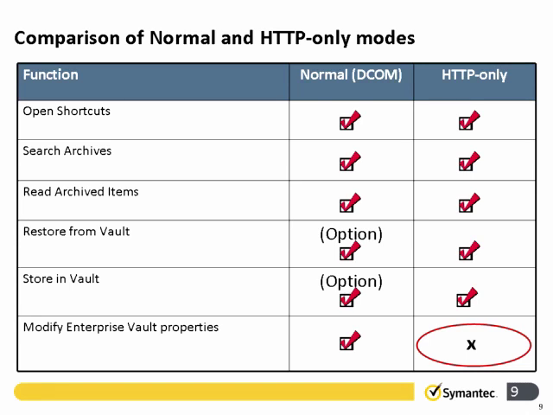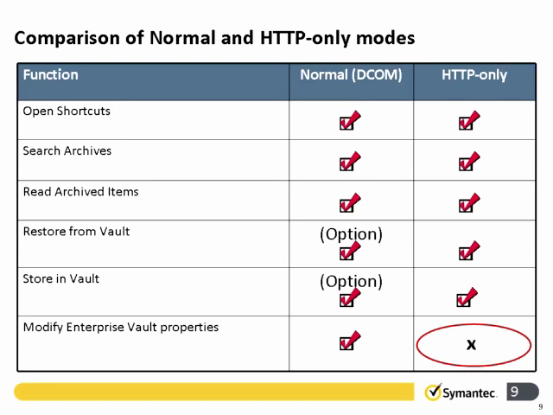Both versions can search the archives. Both versions can read the archives. However, our first differentiation starts with the restore from Vault. In the normal mode, you will be given the option to restore it to the current location or to a location that you specified called a restored items folder. However, in the HTTP only, you will not be provided with that option.